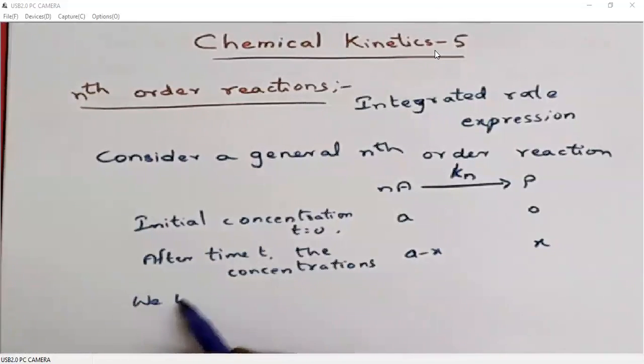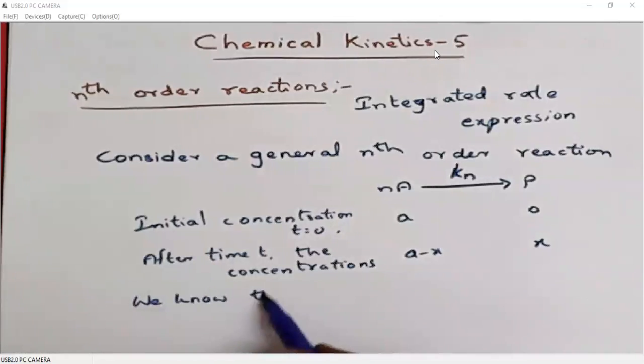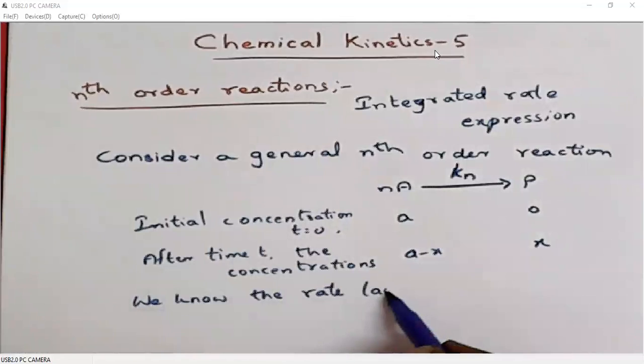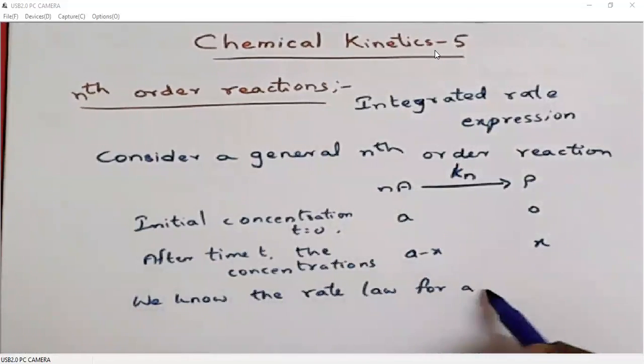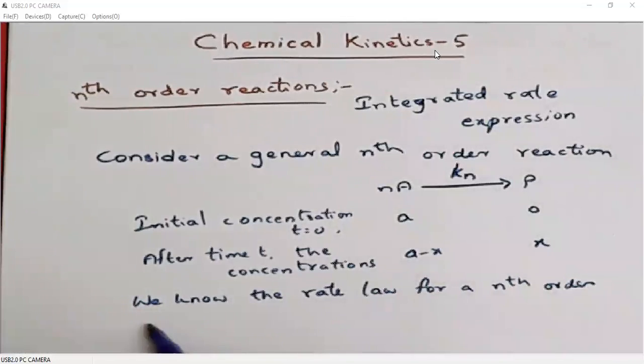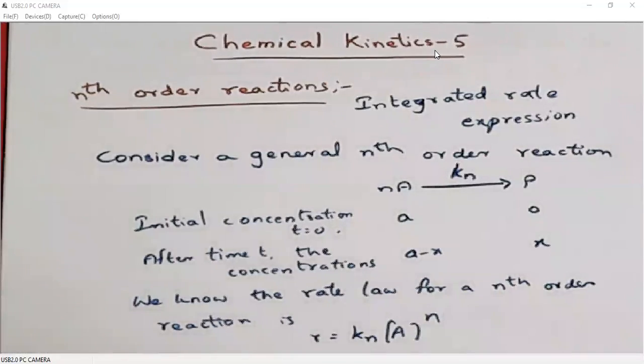We know the rate law for an nth order reaction. What is the rate law? R is equal to some constant Kn, nth order rate constant, multiplied by A power n.